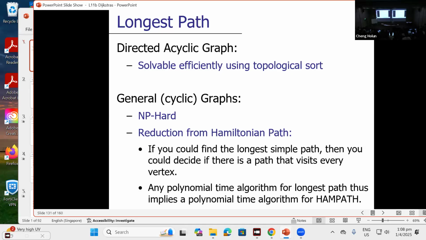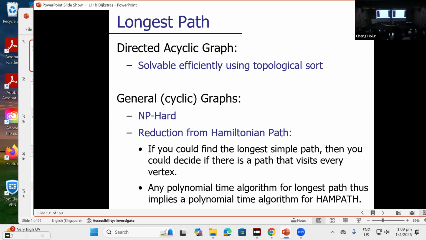Why? That's why NP completeness comes in handy. Let's say today Professor Allen can find one algorithm that can find the longest path. Then I can solve the Hamiltonian path problem, because the Hamiltonian path is the longest path when every edge is 1.